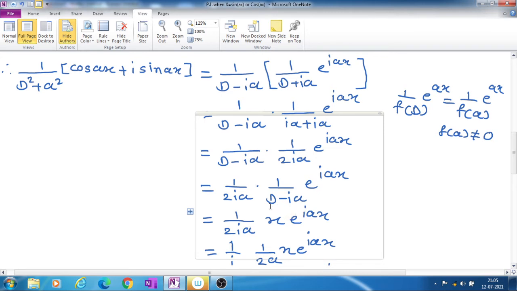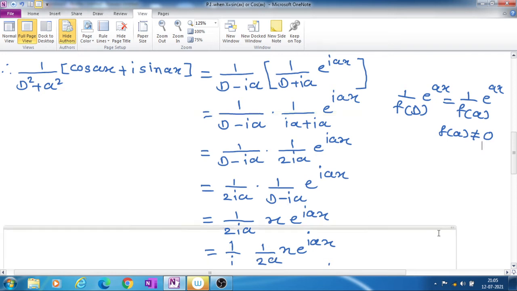Now in this case, if we substitute d as above, if here also we put d is equal to ia, then ia minus ia becomes 0, that means f(a) becomes 0, and at that time we have seen which formula we use.